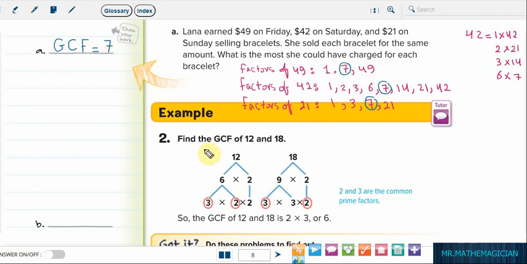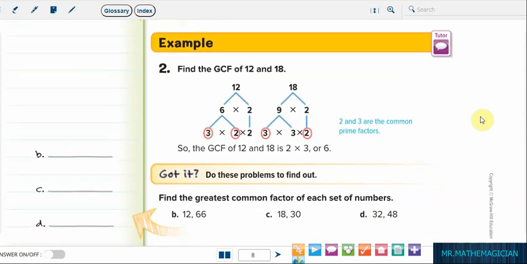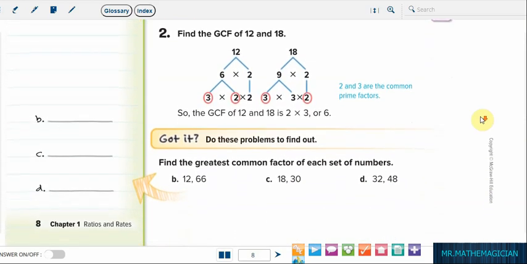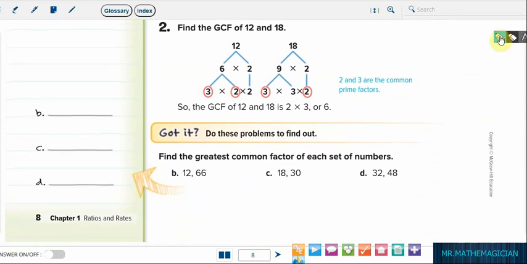Now in example 2, find the GCF of 12 and 18. As you can see, this is another method called the prime factoring method.